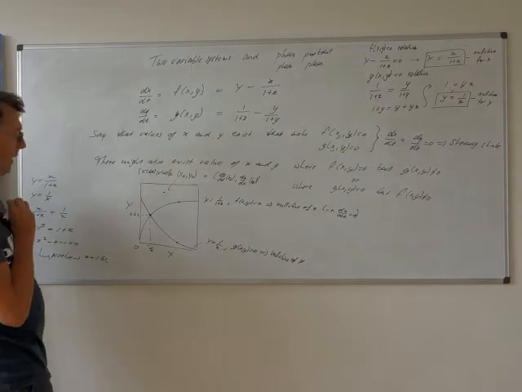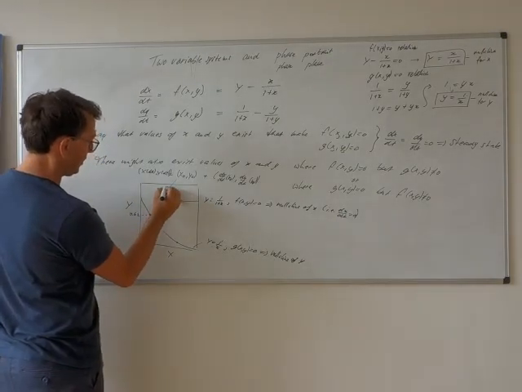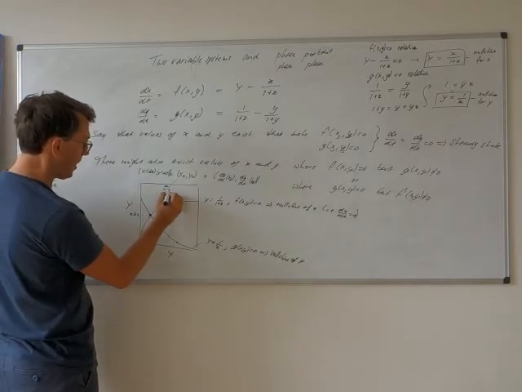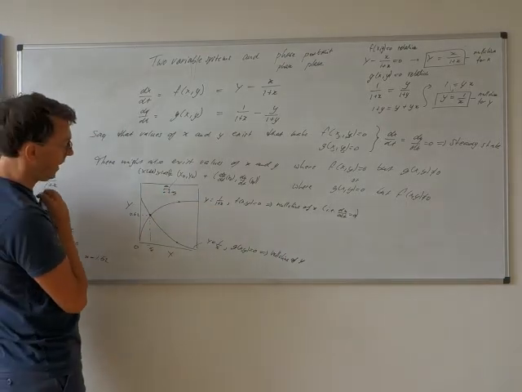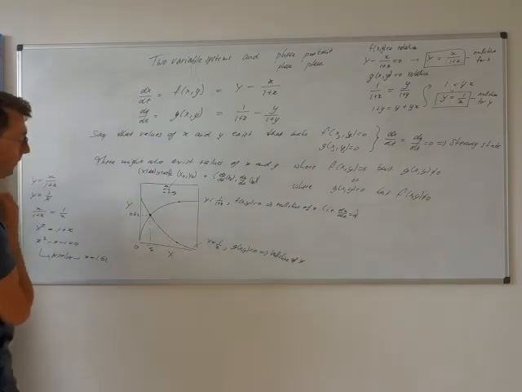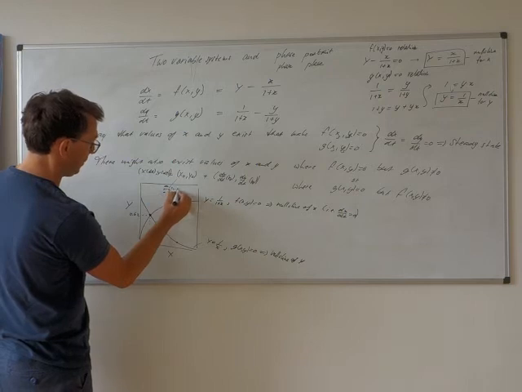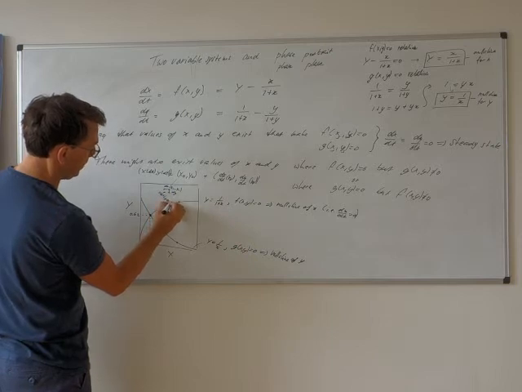So this means that there was a change in x of this value, dx, and a change in y of that value, dy. And that happened in a time step dt, given the starting value x0 and y0.